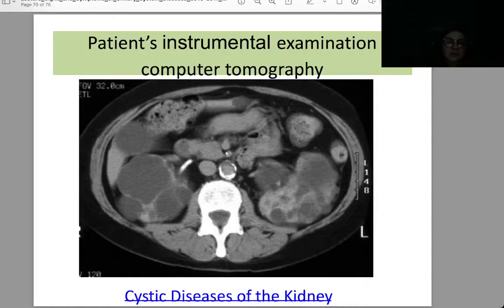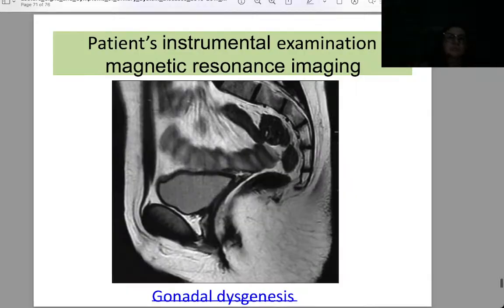You see that both kidneys, especially the left kidney, have a very changed structure with a lot of cysts. MRI imaging is for detailing some pictures, not the first choice of visualization either, but in some cases is very useful. For example, here it is gonadal dysgenesis.